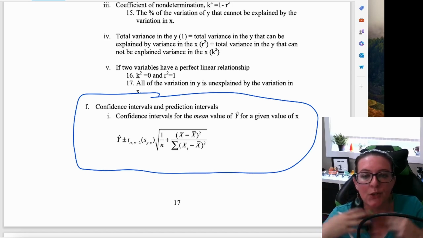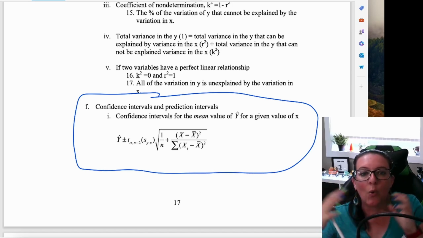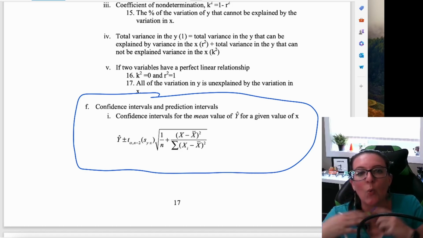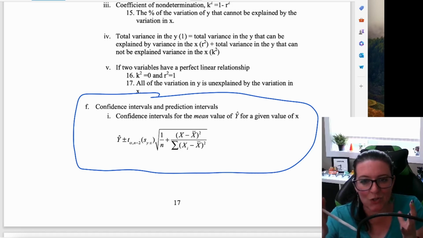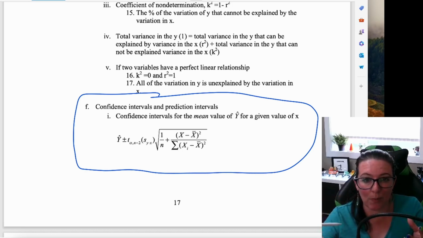Here, we want to know for a particular point on the regression line what the confidence interval is. So for a given value of x, like the vehicle is 4 years old, what is the range of costs? What is the expected value for y, which is the repair cost?